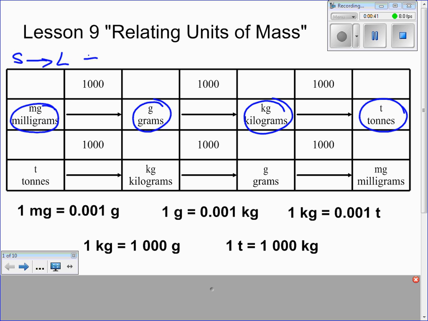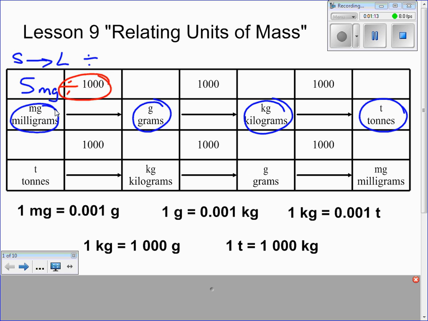We divide. And in this case, let's say we have 5 milligrams. There are 1,000 milligrams in a gram. So I'm going to convert 5 milligrams into grams, and what I'm going to do is divide by 1,000.